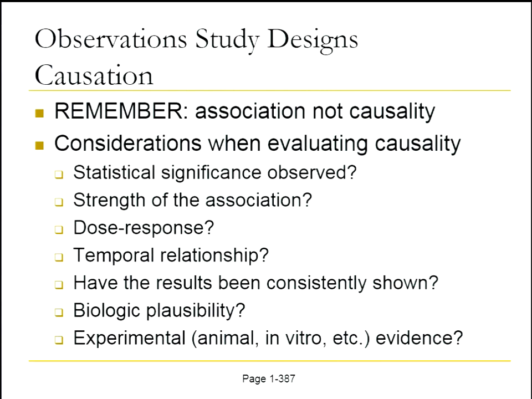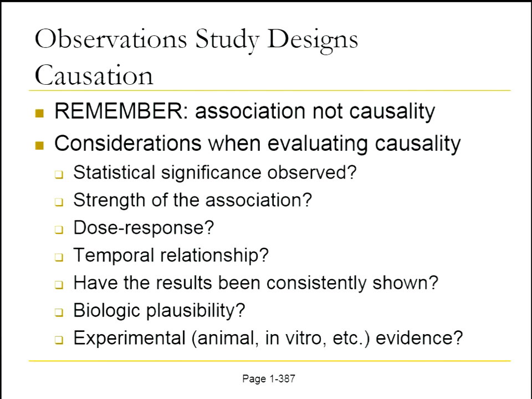So what are some factors that may help us figure out whether or not there is some causality associated with this factor? I'm not sure if bullet point 1 is very helpful, because if we observe a positive association and it's not statistically significant, we're probably not going to go any further.